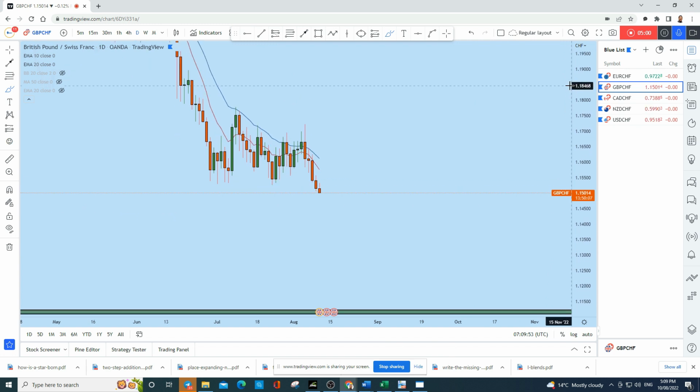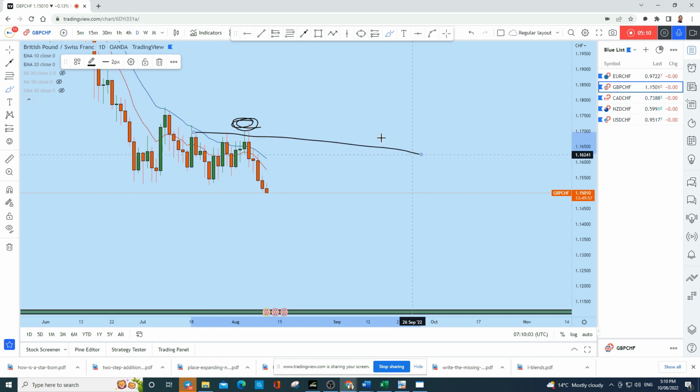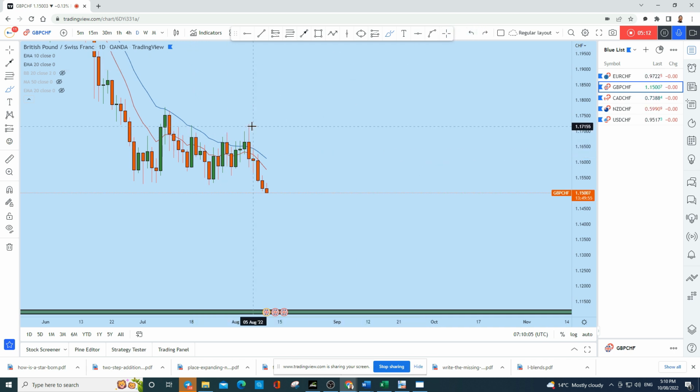Now looking at the daily, this move is reflected on the daily time frame. You can see there is a strong bearish engulfer here with a false breakout to this resistance, and then it closed as a long bearish engulfer followed by this doji. Now every day we see the price was creating a series of lower highs, so that's strong bearish price action.